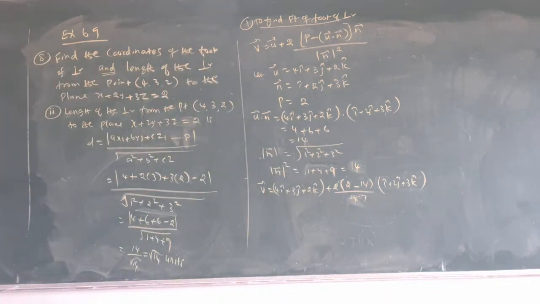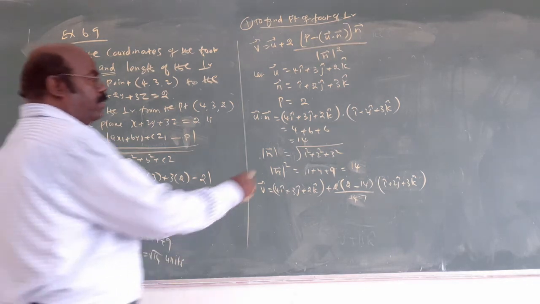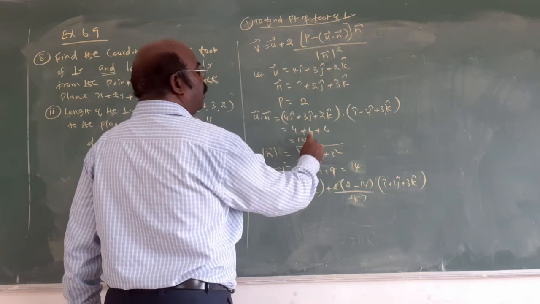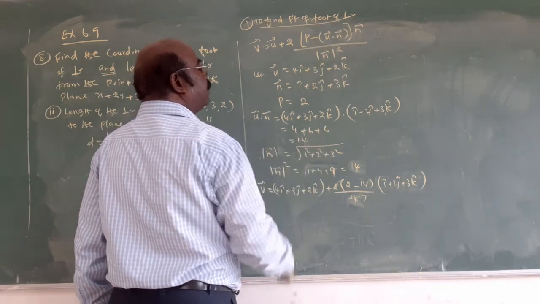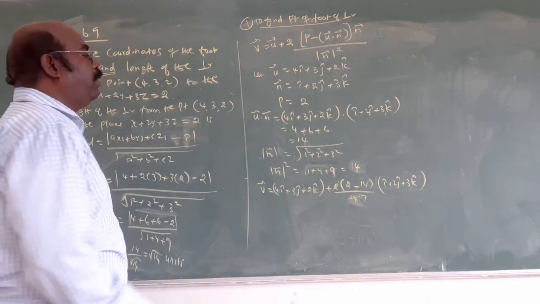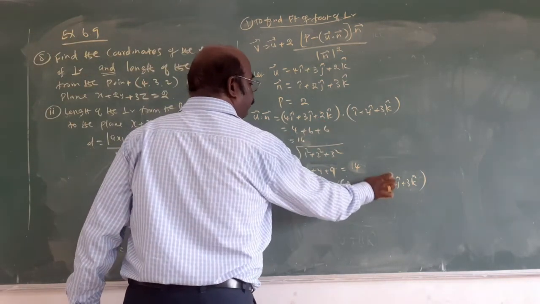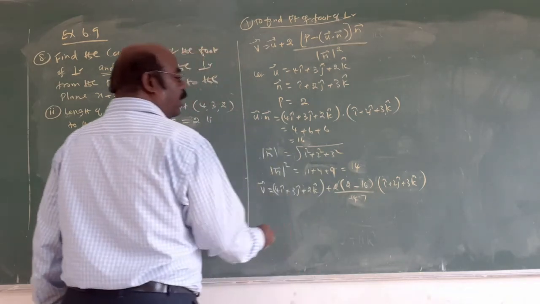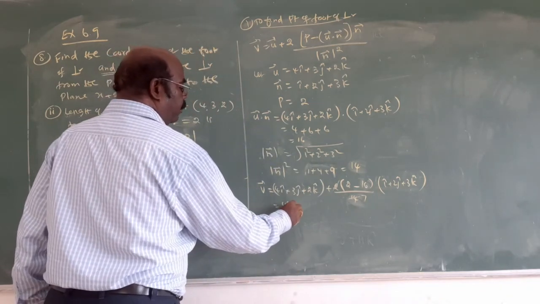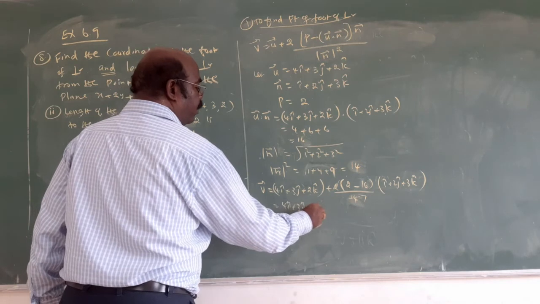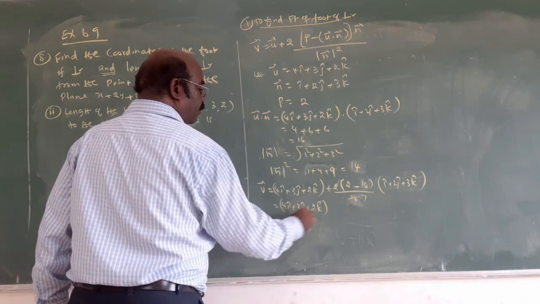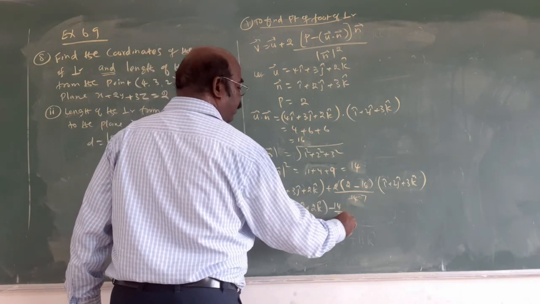Once again subtract. 2 minus. Actually here 4 plus 6 plus again 6, you know, and that's 16 will come. Am I right? 16. Yes, 16. Now again 4i 3j plus 2k minus 14 by 7.